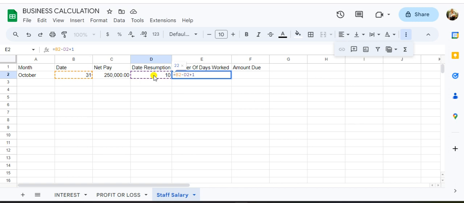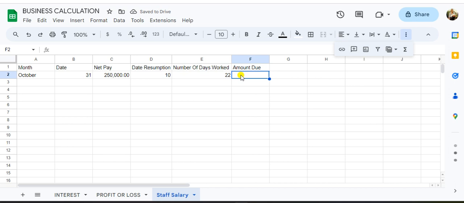All right, that's the standard formula. So the person worked for 22 days. So how much are we going to pay this person for the 22 days the person worked? So he or she worked for 22 days divided by the total number of days we have in the month of October, which is 31.